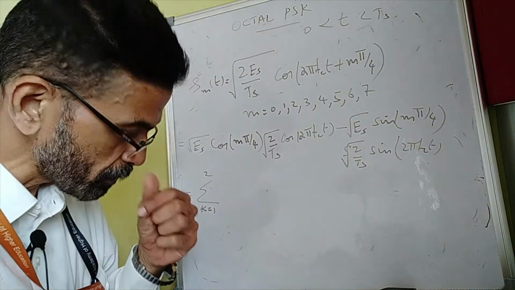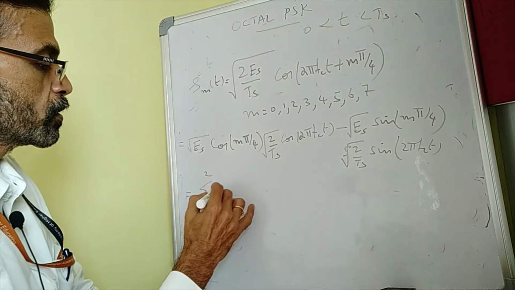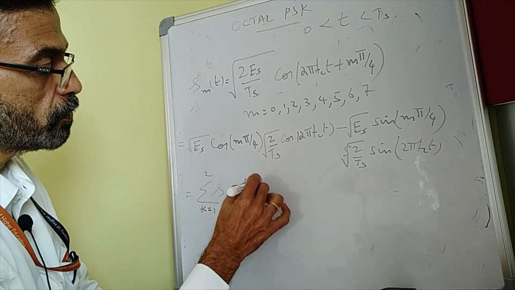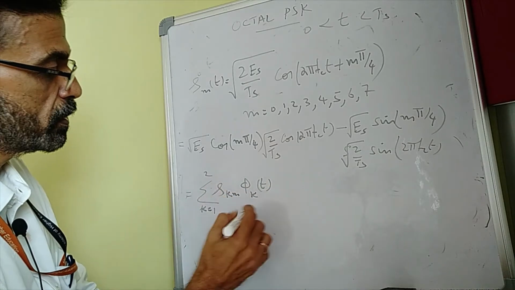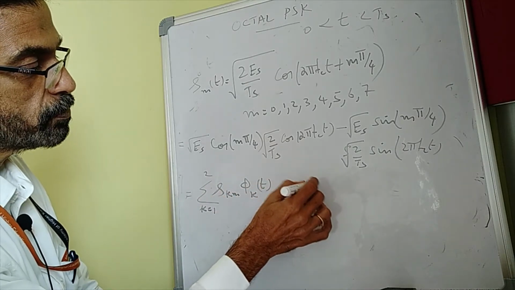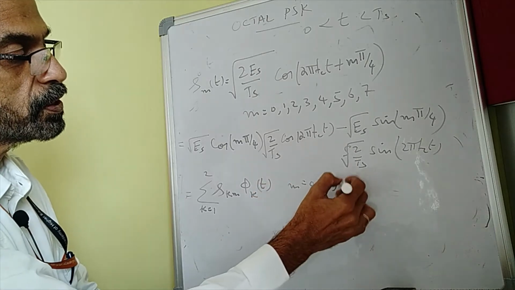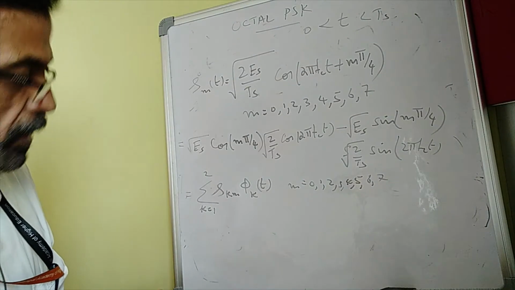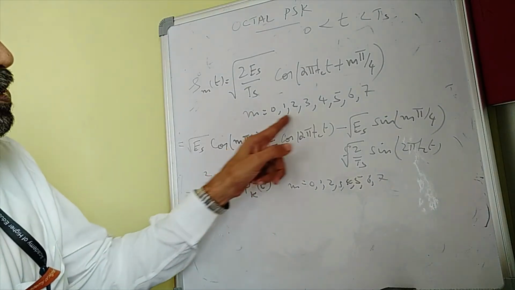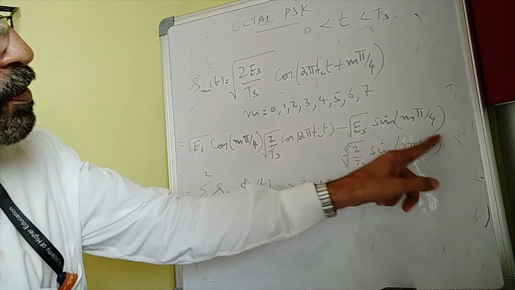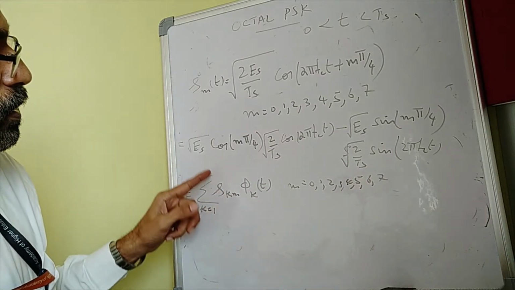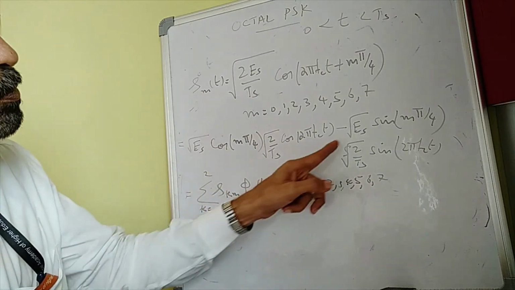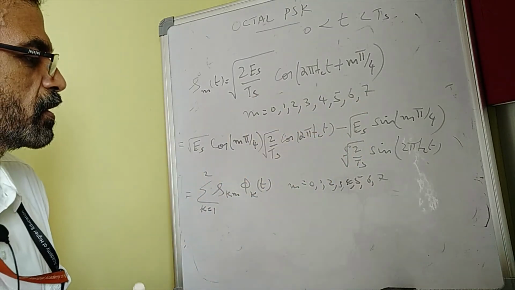because in QPSK it was m equal to 0, 1, 2, 3. So sum over k of s_km phi_k(t), and of course m equal to 0, 1, 2, 3, 4, 5, 6, 7, and phi1(t) is this, phi2(t) is this, s1m is this, s2m is this, including the negative sign.